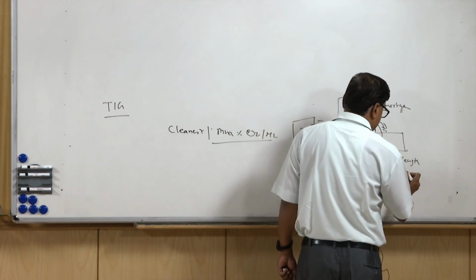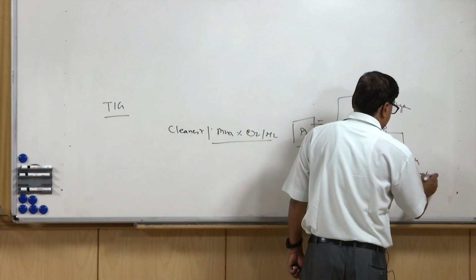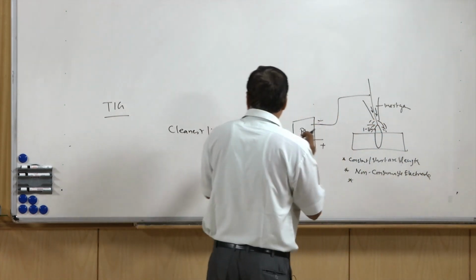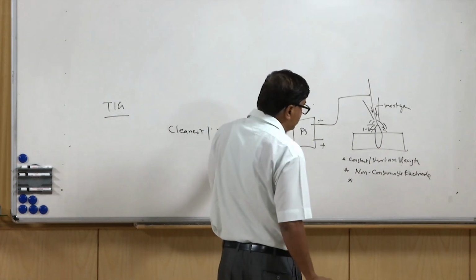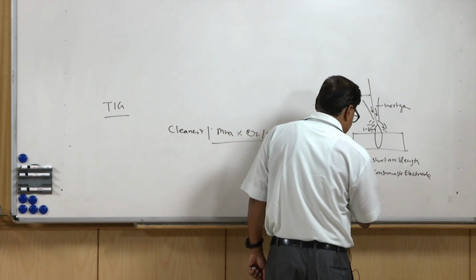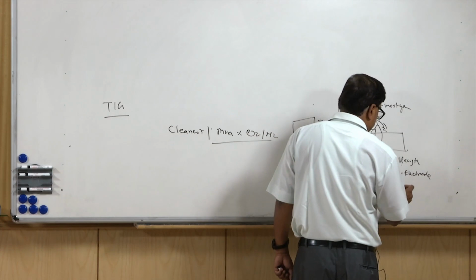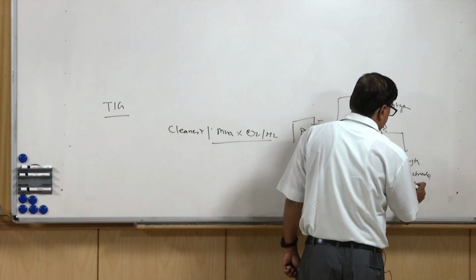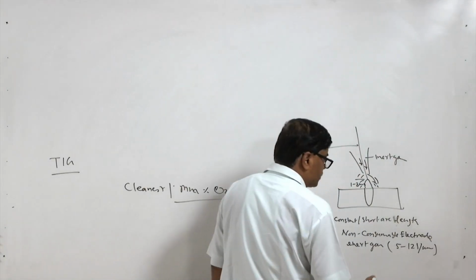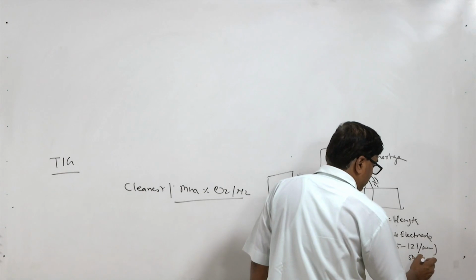The non-consumable electrode is another reason behind the very low percentage of gases in the weld metal. Another is that it relies only on the inert gas flow rate, which normally may vary from 5 to 12 liters per minute. This is the common use, but it may go as high as 50 liters per minute.